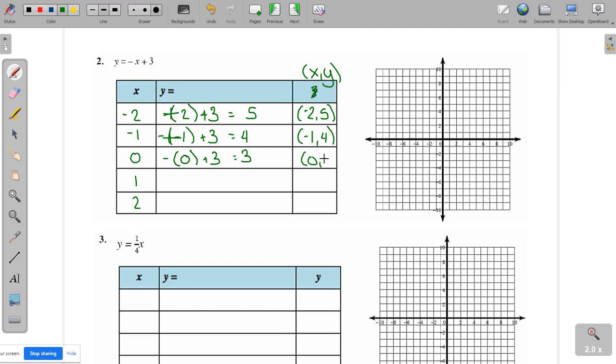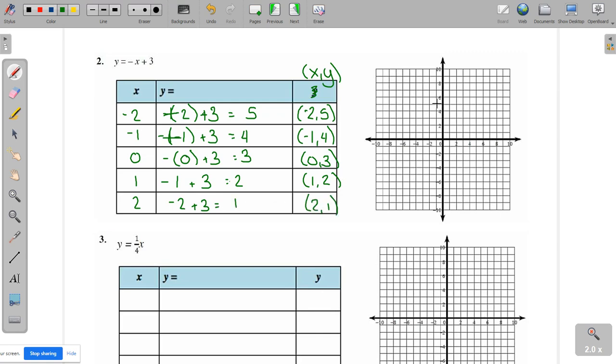So we get 0, 3. 1, -1 plus 3 gives us 4. No, it does not give us 4. -1 plus 3 is 2. So we get 1, 2. And lastly, we have -2 plus 3. And that is 1. So we get 2, 1.